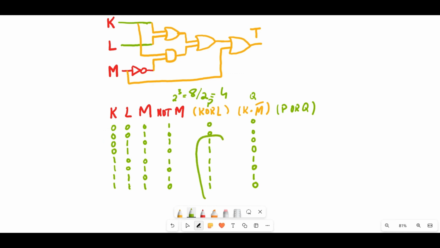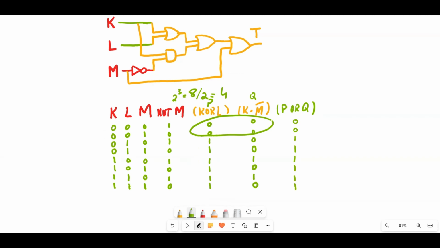An OR gate gives 1 in the output if any of the inputs are 1. So the K or L column is all 1s, six ones, and both of the upper rows are zeros for both inputs. So it will be the same: 0, 0, and six ones. 1, 2, 3, 4, 5, 6.